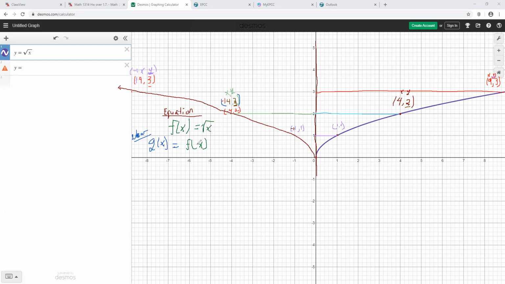Well, it is by a number, but -1 is the special case. It's not like a ×2 or a ×1/2, so it's not a horizontal dilation. It's not a multiplication outside of the function, like a ×2 or a 1/2, so it's not a vertical dilation.